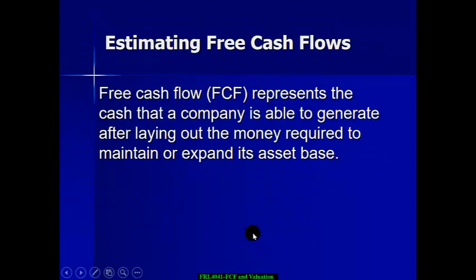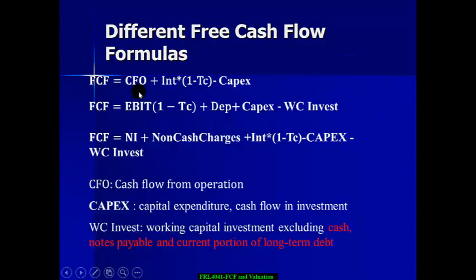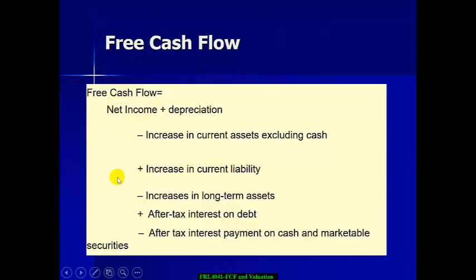Free cash flow is the total net cash produced by a firm for both equity holders and lenders, the debt holders. There are different ways to calculate free cash flow, depending on which base number you start with. I will use this approach.